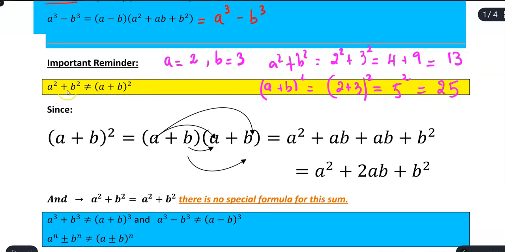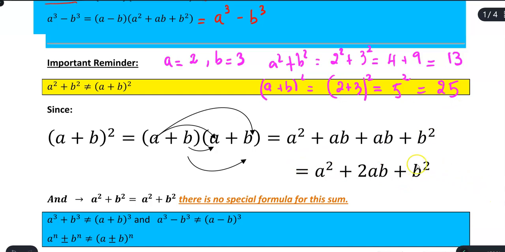So therefore a squared plus b squared, a sum of squares, is not equal to this sum raised to the exponent 2. But (a plus b) all squared is equal to this. Let's substitute 2 and 3 into these formulas to see if it's actually equal to 25.